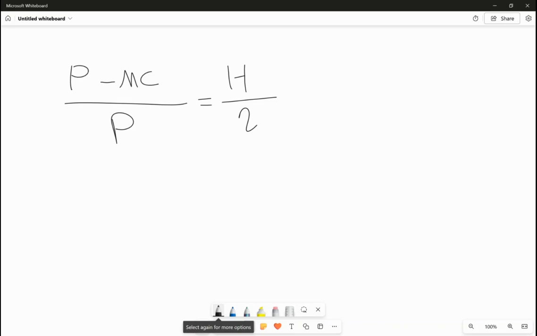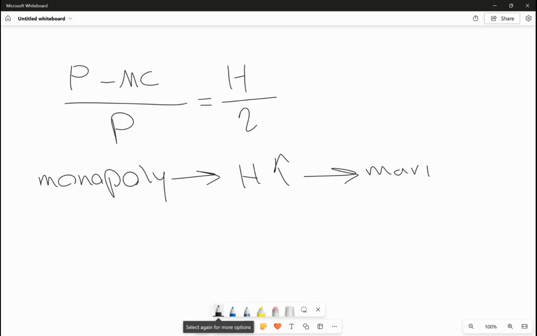So what this is telling us is that if the market is very concentrated, like a monopoly or oligopoly, then market concentration is going to be high, and that means the producer markup is also going to be high.